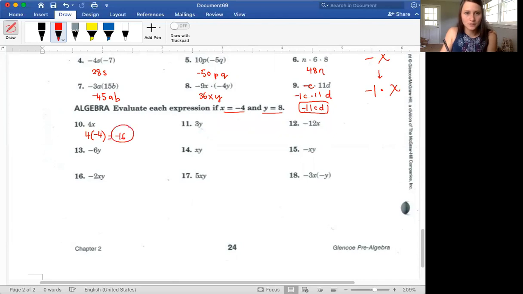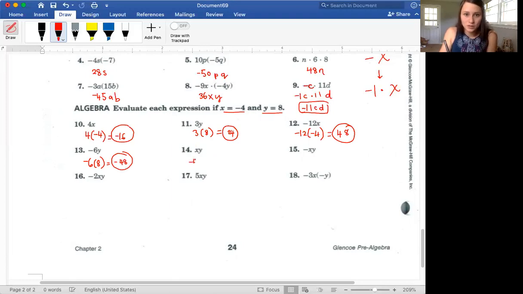That's my answer. 3 times y, which y is 8, so I'm going to plug that in. 3 times 8 is 24. -12 times x, so -12 times -4. 2 negatives make a positive. This is 48. -6 times y, that's 8. -6 times 8 is -48.